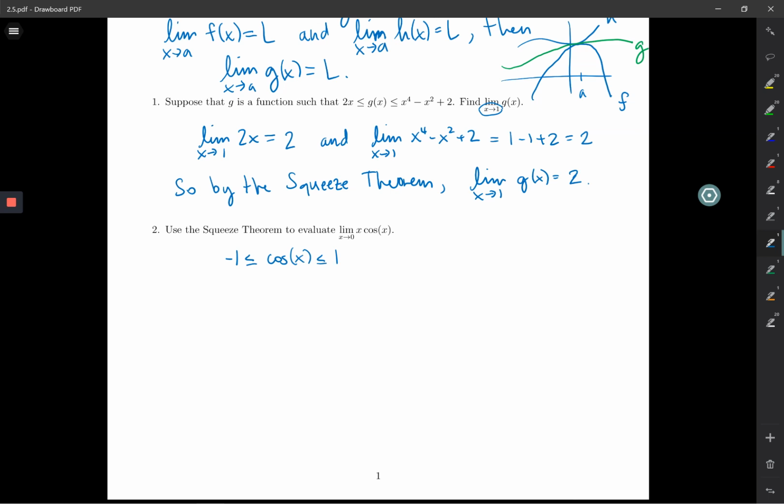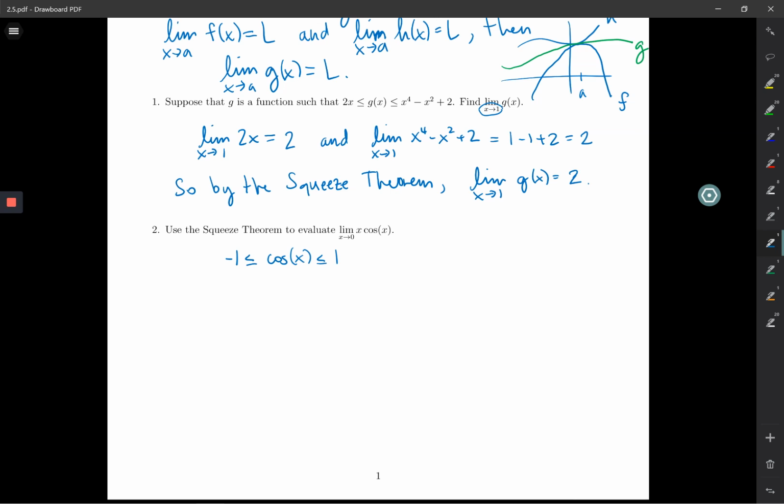We just need an x out front. So we can just multiply through by that x. The thing is, we have to be careful because it depends. When we're dealing with inequalities, whether we're multiplying by a positive number or a negative number, it may change the inequality.